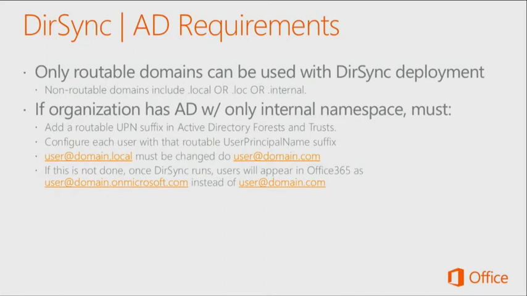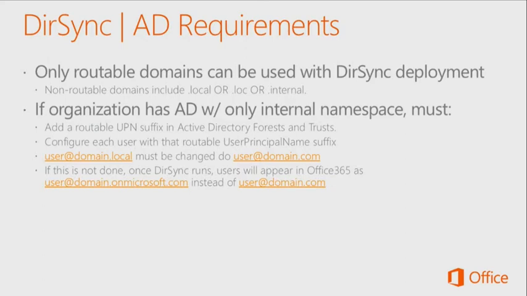So you need to add a routable UPN suffix in Active Directory Domains and Trusts. Configure each user with that routable user principal name suffix. User at domain.local must be changed to user at domain.com. If this is not done, DirSync runs, users will appear in Office 365 as user at domain.onmicrosoft.com instead of your user at domain.com.